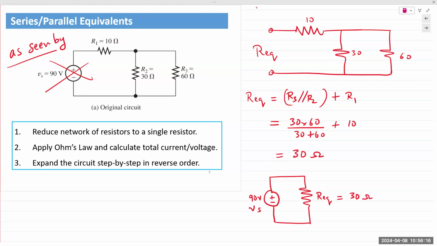Some hesitancy showing. It's going up. Yes, you are correct. So for a source, current always goes from minus to plus. And so if I was to give a logical direction for the current, I will call it IS, right? Again, assumptions, but assumptions are based on rules and based on logic. So IS is going up. Where else can it go except through R1? There is no other place for it to go. So it goes through R1.